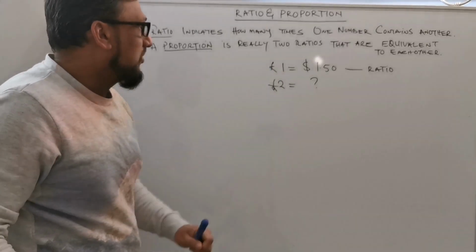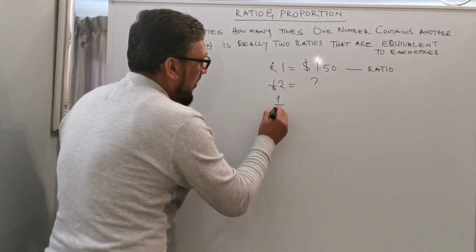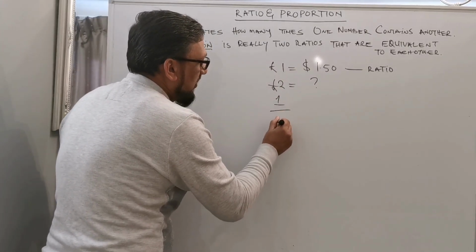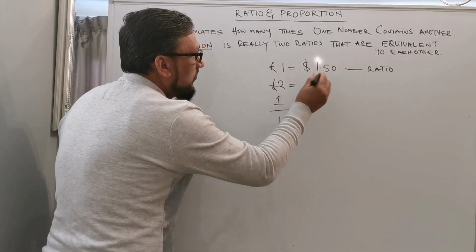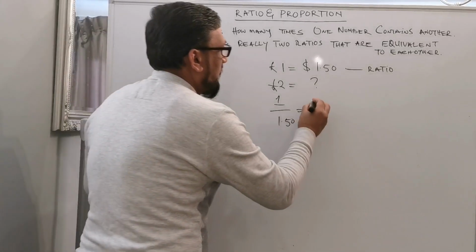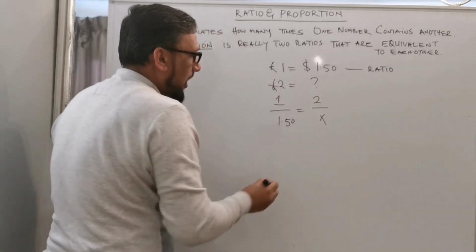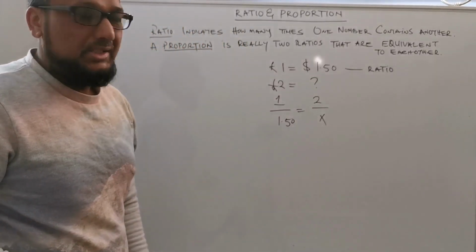So how do we work it out? One pound equals $150. If I say 2 pounds, how much is that in dollars?